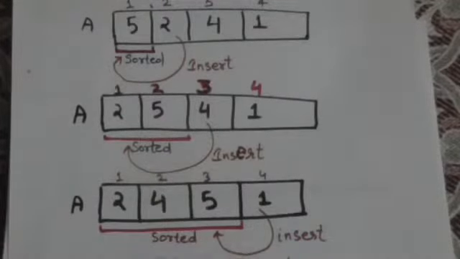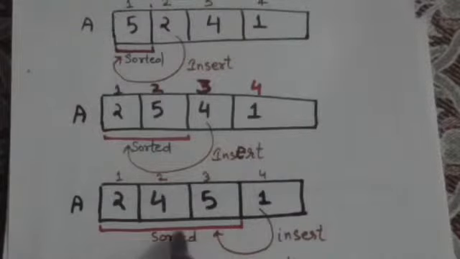Now see here, 4 is greater than 2 but less than 5. So it will be inserted between 2 and 5. So after inserting 4 in these elements, we will get this array.